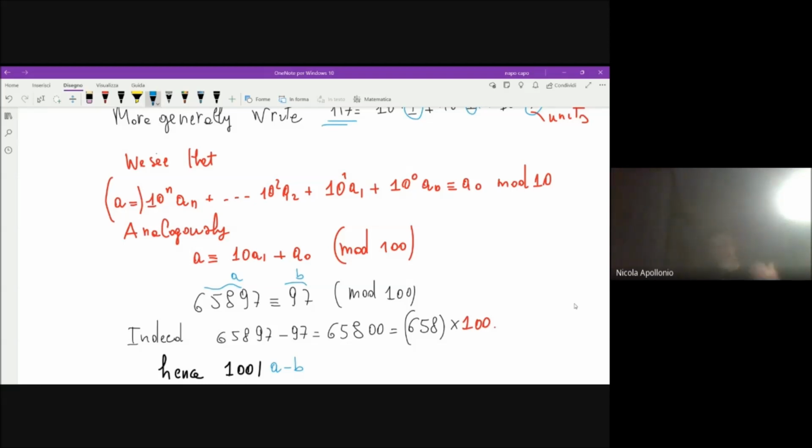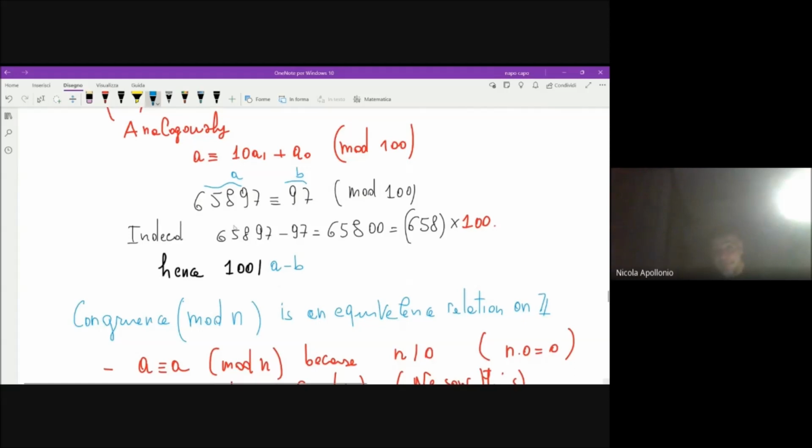And you can go on and generalize to modulo any power of 10, getting similar results. So let us work out the example. This number is too long to pronounce even in Italian.